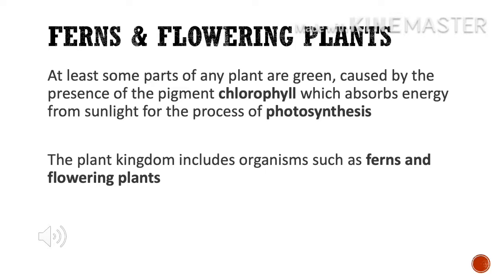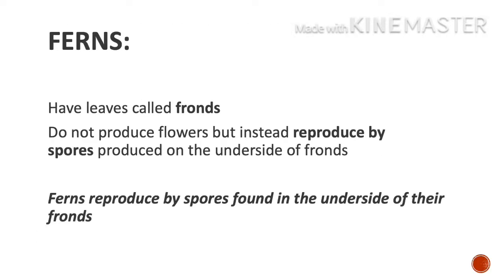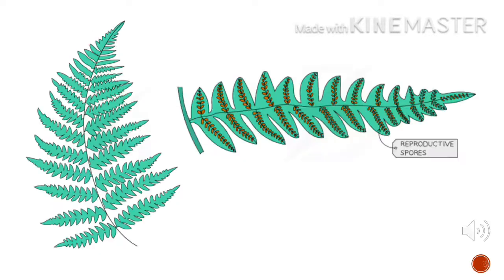The plant kingdom includes organisms such as ferns and flowering plants. The first diagram shows you the structure and the arrangement of fern leaves, while the other one shows you the reproductive spores.